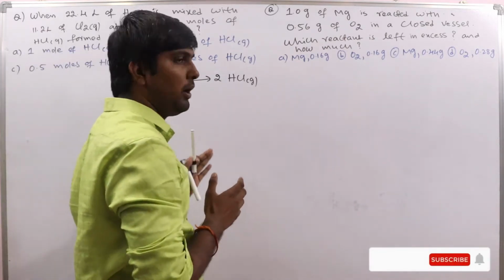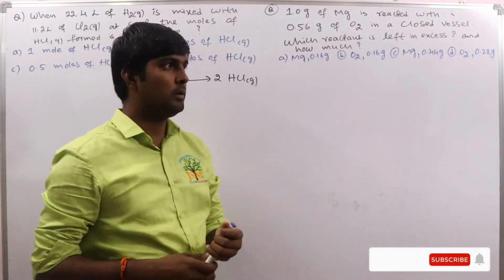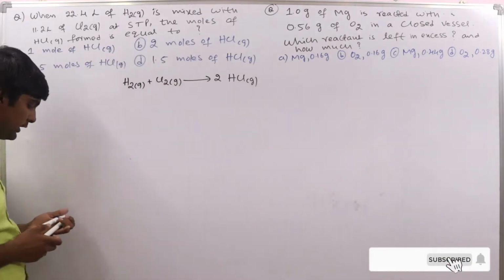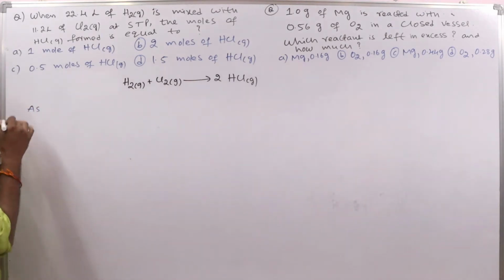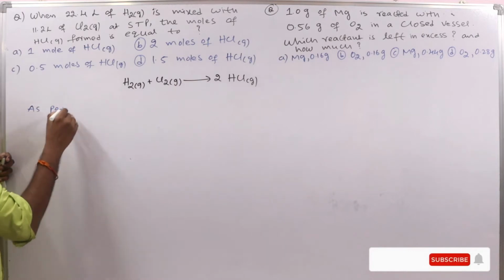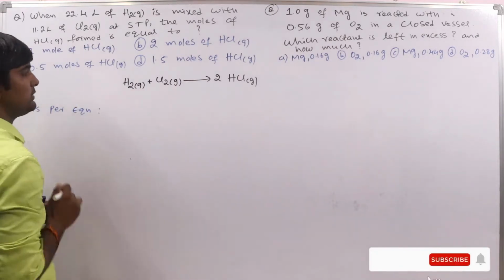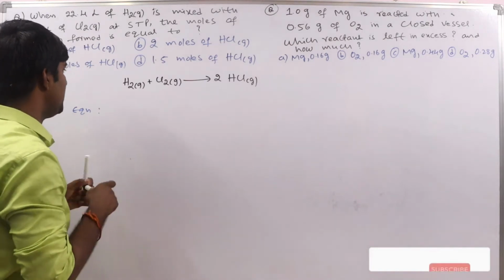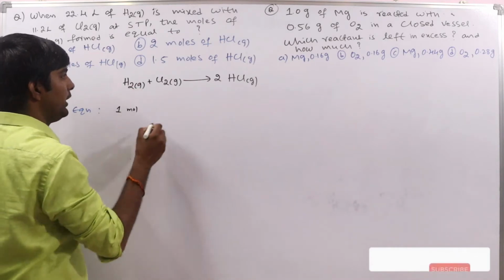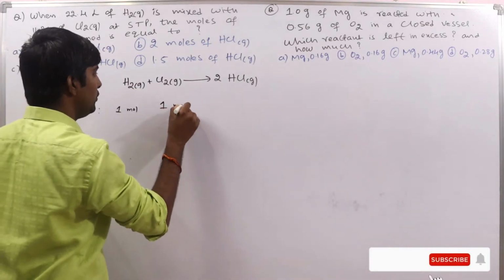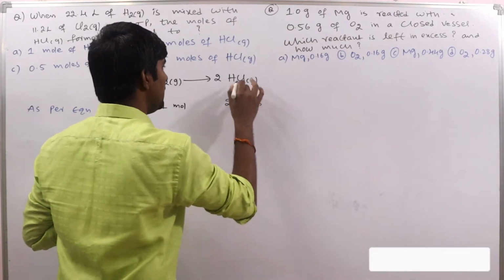For this type of problem, first we should write the balanced equation. Already I have explained in the previous problems also, as per this balanced equation, 1 mole of H2 reacts with 1 mole of Cl2 to form 2 moles of HCl.